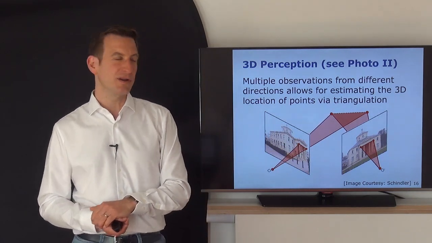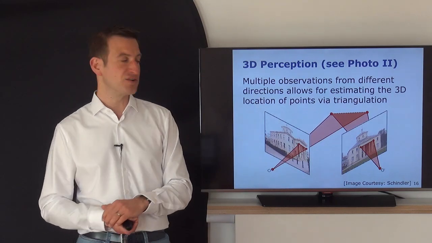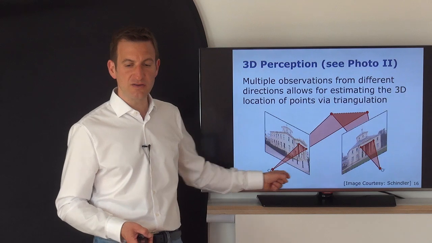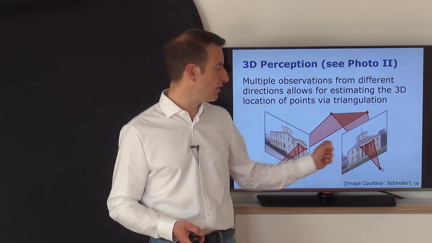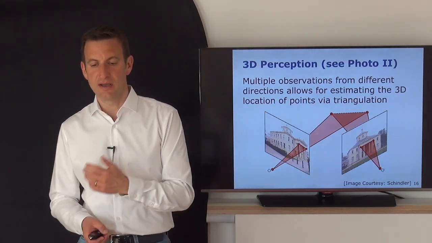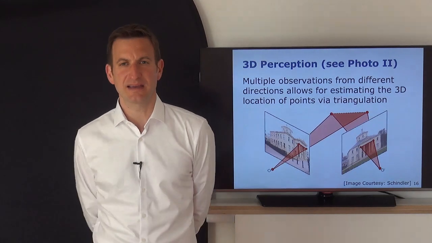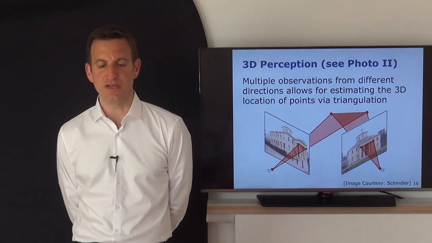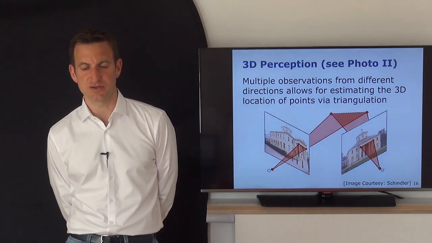To perform 3D vision, I need multiple images taken from different locations, I need to know those locations, and I need to know which pixels correspond to each other. But if I have this information, I can extract 3D information out of these individual 2D images or pairs of 2D images.